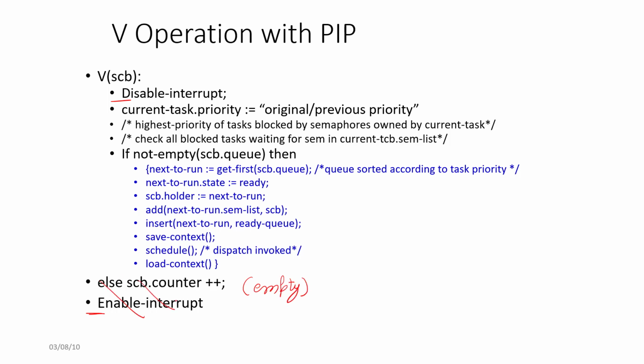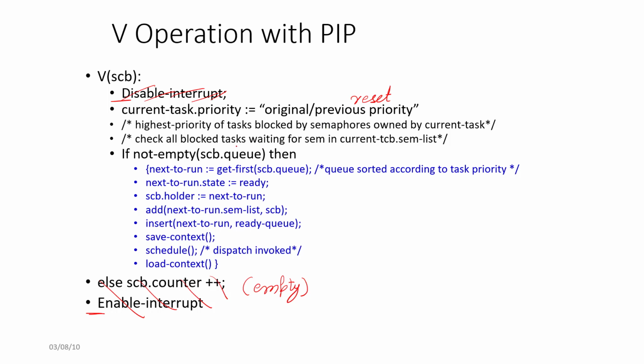Hence, these lines are not important for the current discussion, because we are mainly looking at the fun part. Let's look at the rest. The priority of the currently executing task that is releasing the resource is reset to its original or previous priority. So basically, whatever the priority was before acquiring this resource, its priority is reset to that.